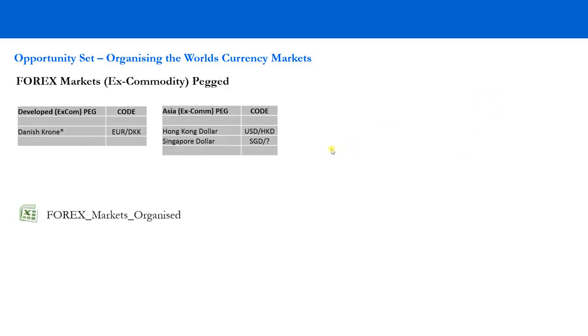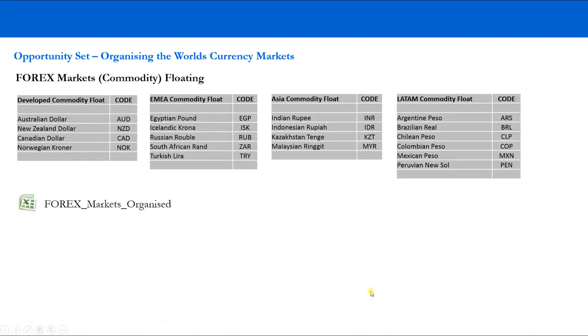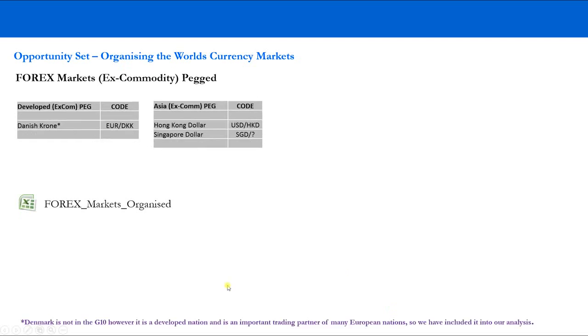The next definition is the ex-commodity pegged regimes. So we have Denmark in here. Denmark's not in the G10, but it's a developed nation and is an important trading partner of many European nations. So we've included it in the analysis. So developed ex-commodity pegged, the Danish kroner, which is pegged to the euro.